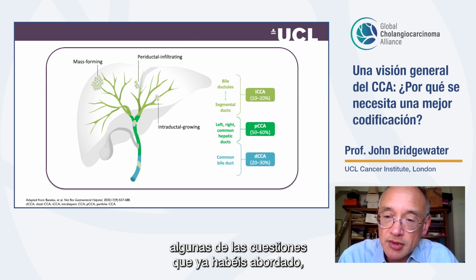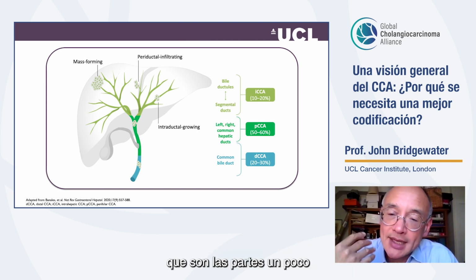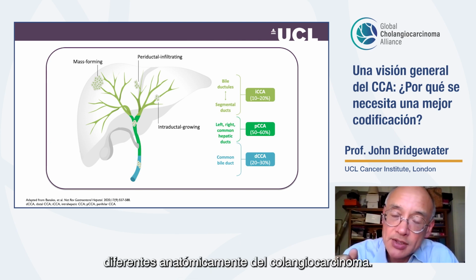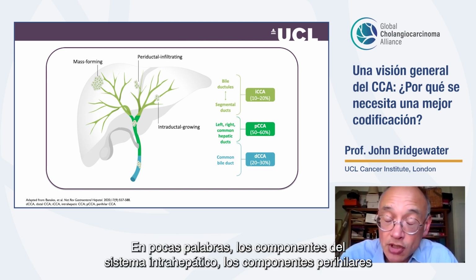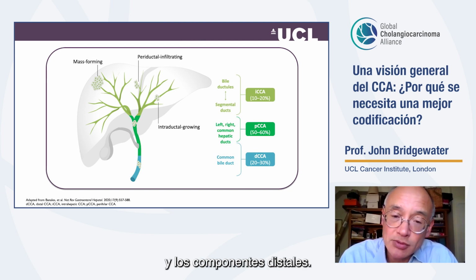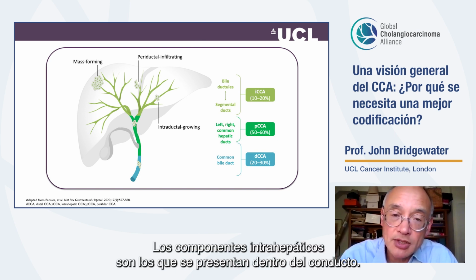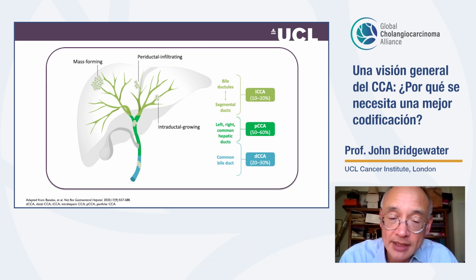First of all, just to run through some of the issues you've already addressed, which is the slightly anatomically different parts of carcinoma. Put very simply, the intrahepatic components, the perihilar components, and the distal components. The intrahepatic components are those that arise within the liver.